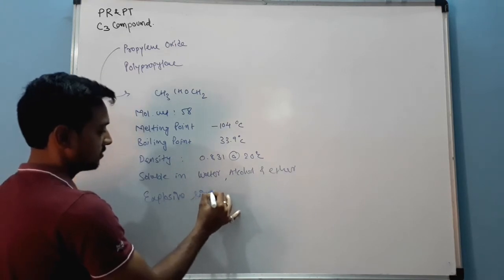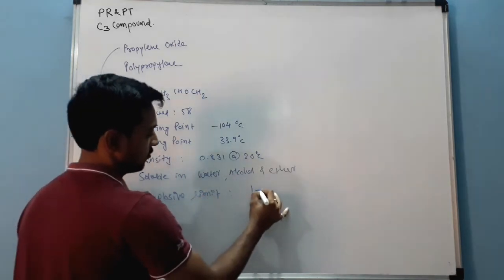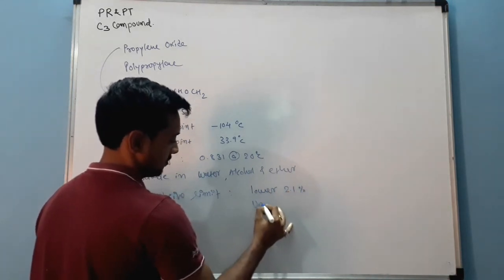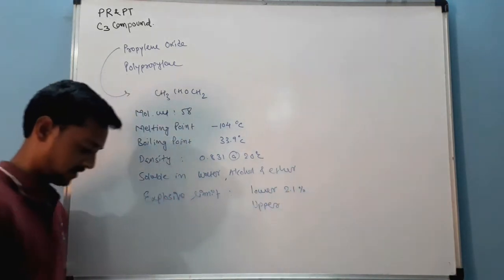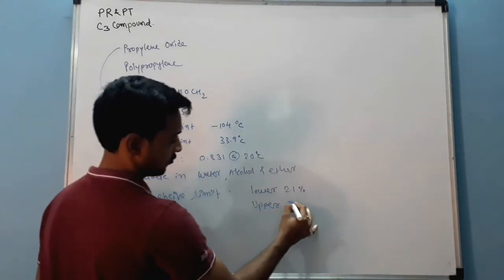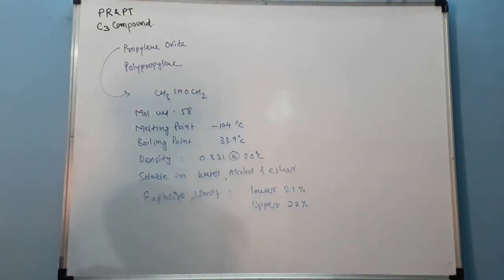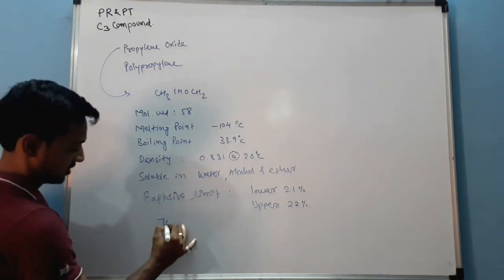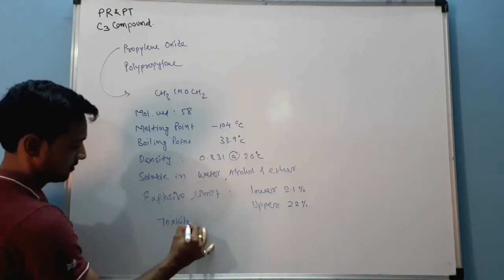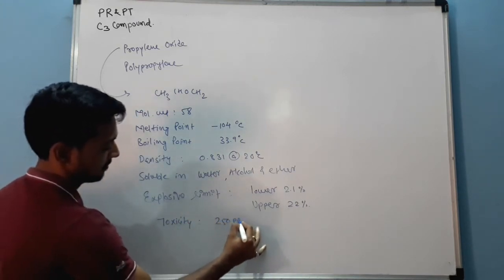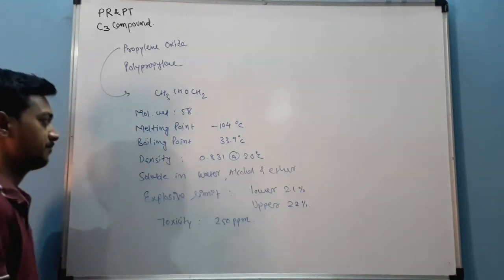Explosive limit lower 2.1%, upper 22%. Okay, and toxicity limit, toxicity 250 ppm.